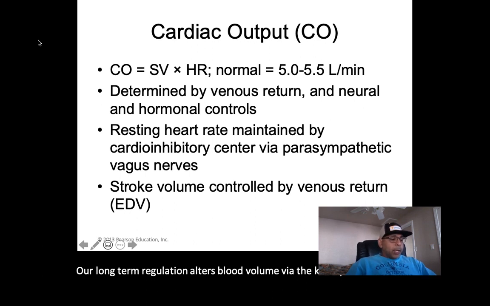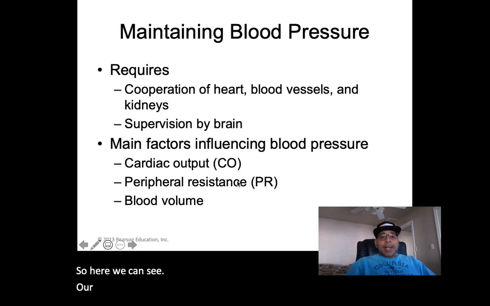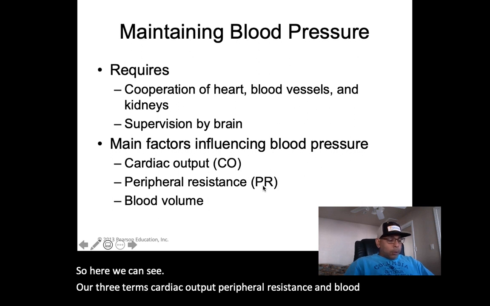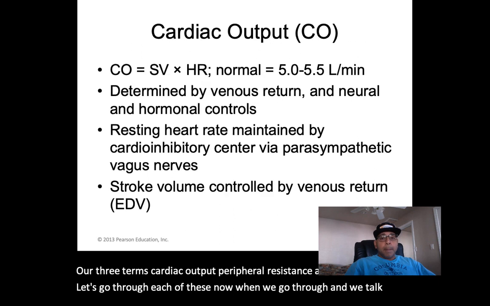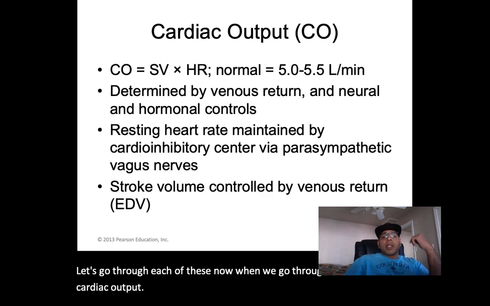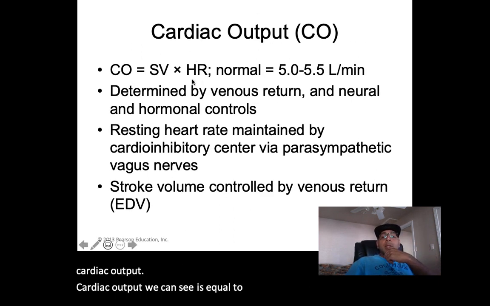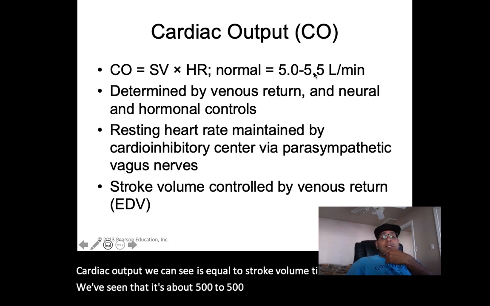So here we can see our three terms: cardiac output, peripheral resistance, and blood volume. Let's go through each of these. Now, cardiac output is equal to stroke volume times heart rate. We've seen that. It's about 5 to 5.5 liters a minute.